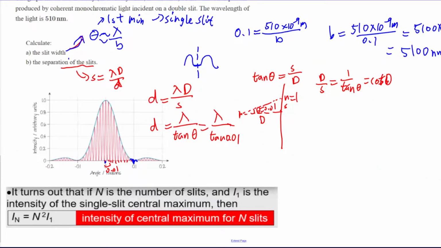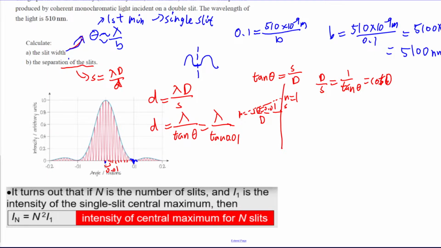Now it turns out this is not part of the IB formula sheet, so it's not something you need to know, but I think it's fun. It turns out that the intensity of the central maximum happens to be exactly n squared, the number of slits shined, squared, times the intensity of the single slit central maximum.